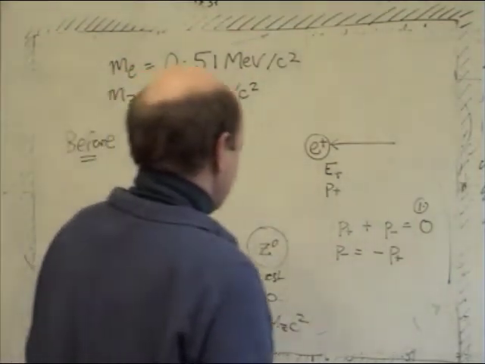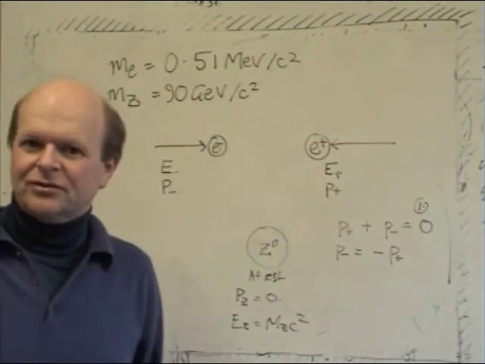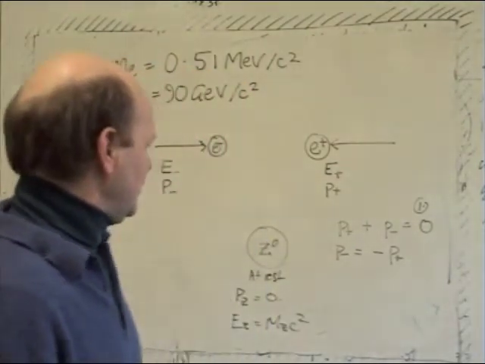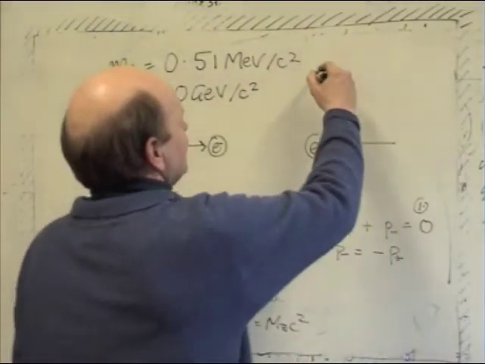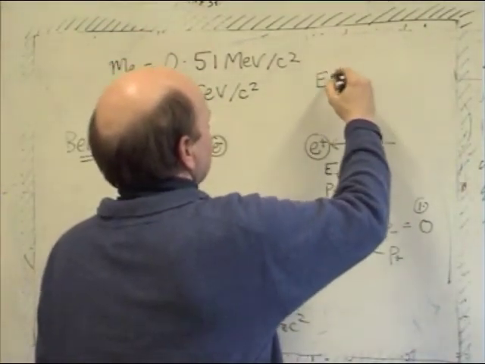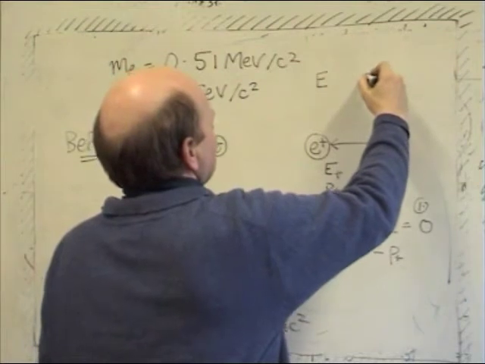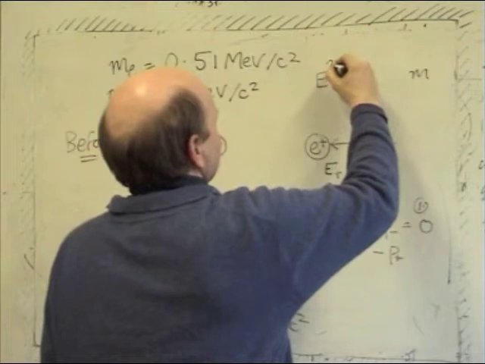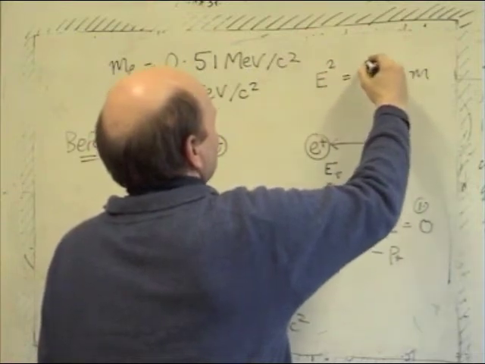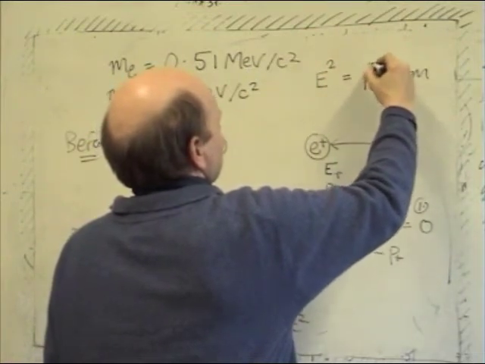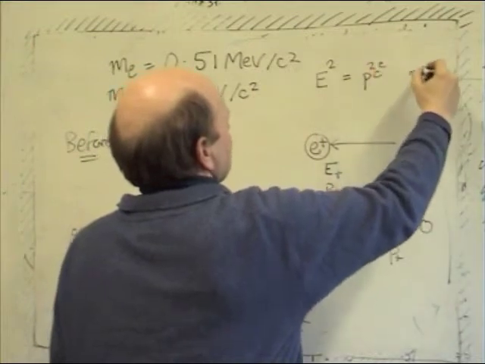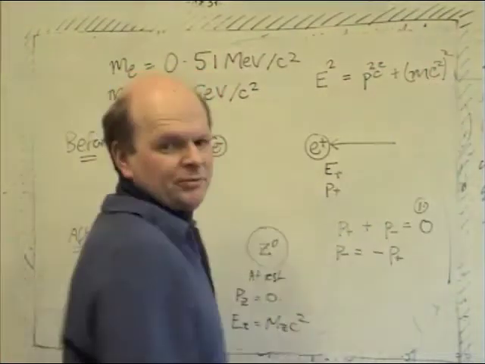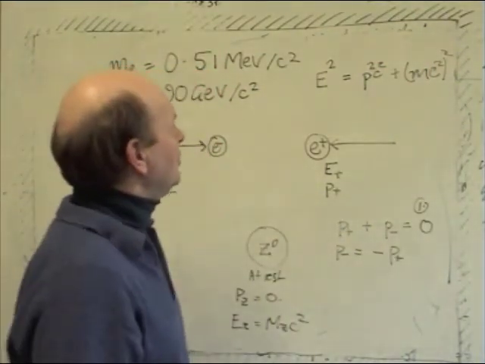Okay, so now let's see what consequences that has for the energies. We know from the energy-momentum-mass relation that we learned during class that for a particle with energy E and momentum P and mass m, the square of the energy equals the square of the momentum times c squared plus the square of mc squared, which sometimes people write as m squared c to the fourth.